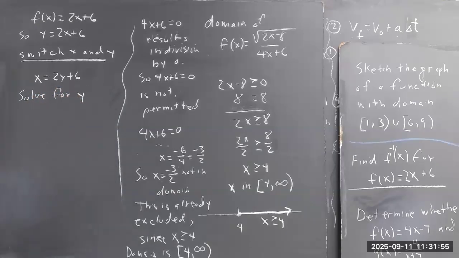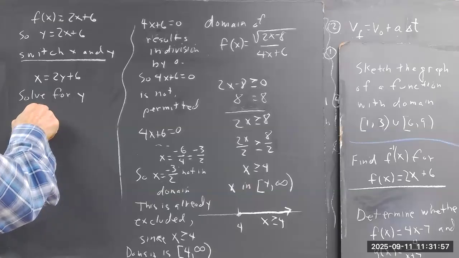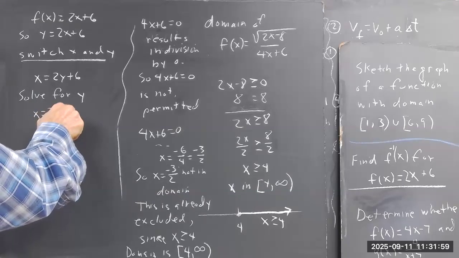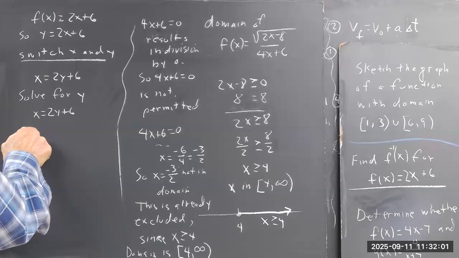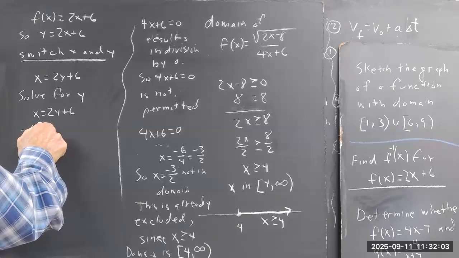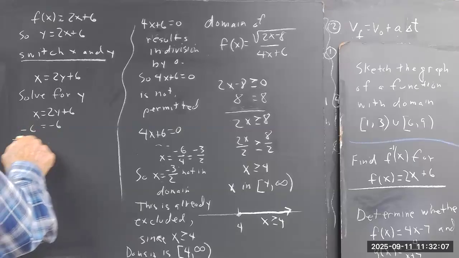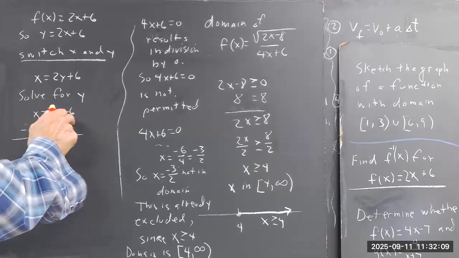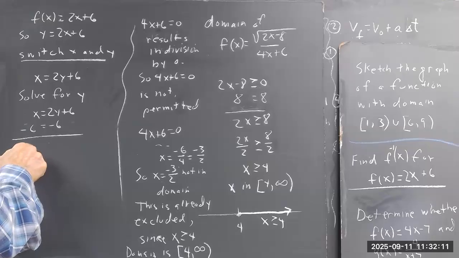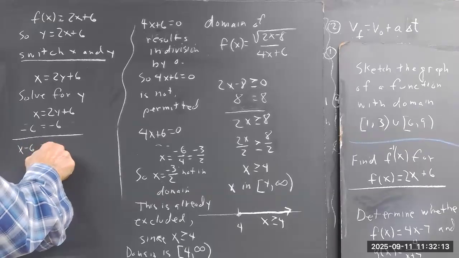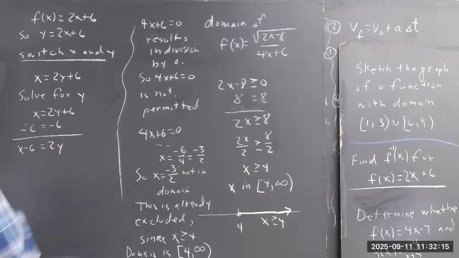Then we solve for y. Let's rewrite it. Subtract 6 from both sides of this equation. We get x minus 6 equals 2y. The 6 isn't subtracted from the 2.